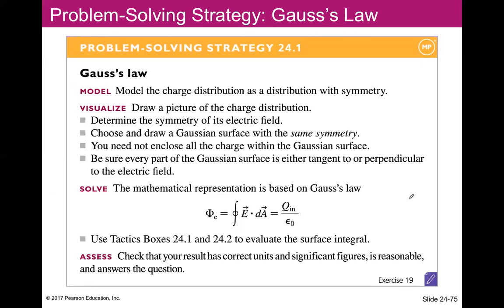And Gauss law is simply written here. Your flux equals the net charge over a constant, which is epsilon. And the flux is easily calculated by an integral on the closed surface of E dot product dA.